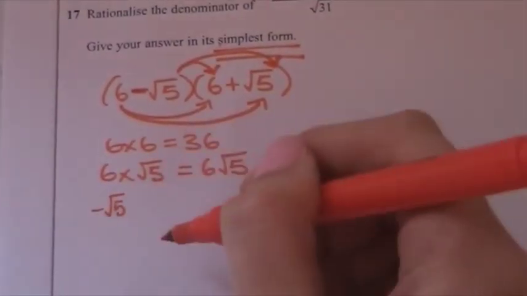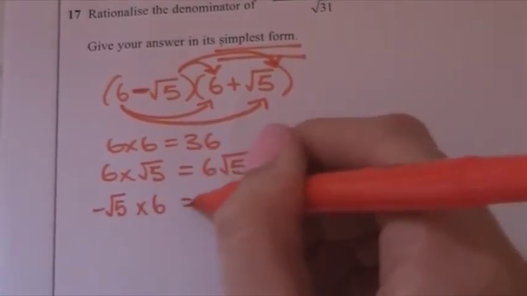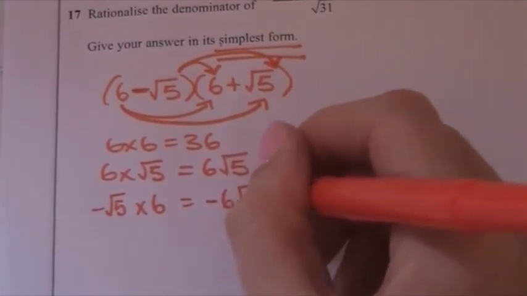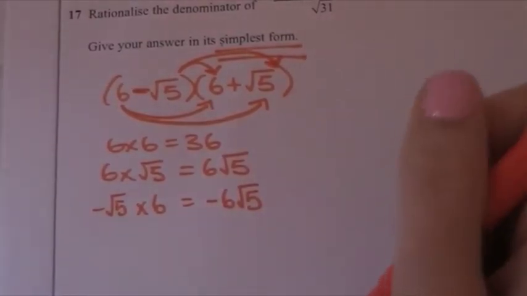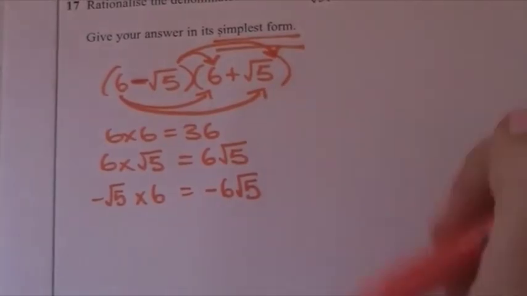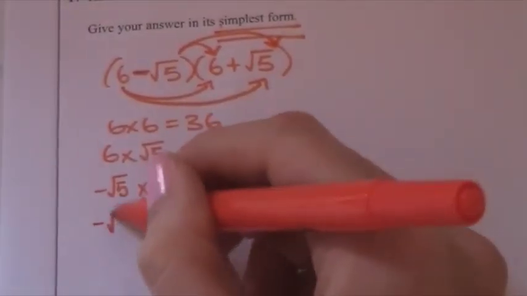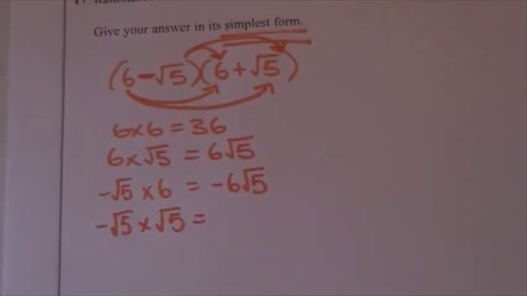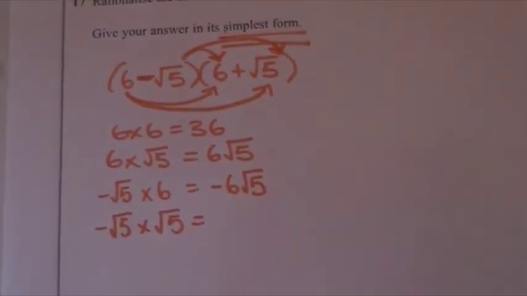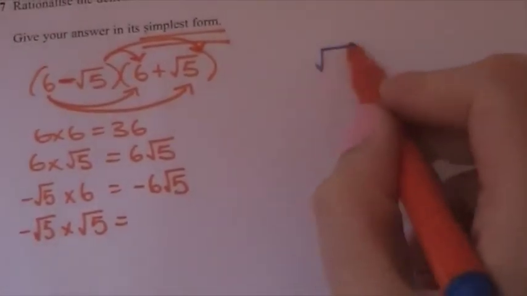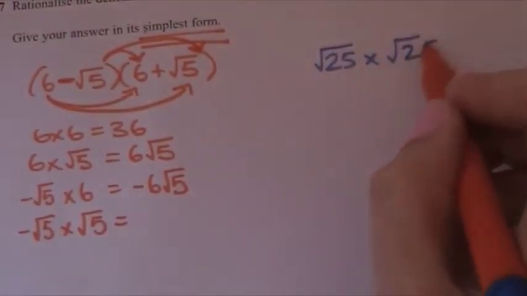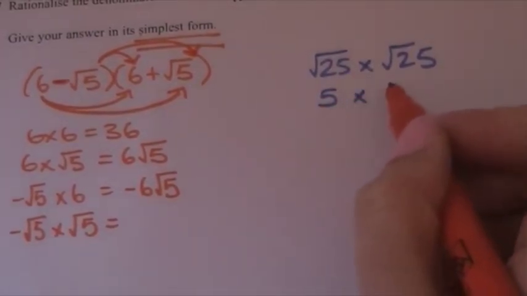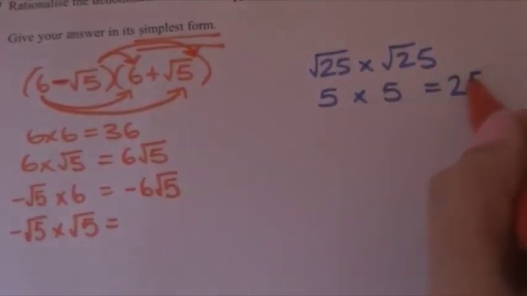So minus root 5 multiplied by 6 is 6 lots of minus root 5, so we put the minus out here, minus 6 root 5. Then minus root 5 times plus root 5. One of our laws with surds: if we imagine root 25 times root 25, well, root 25 is 5, and times it by root 25 again is 5, gives me 25.